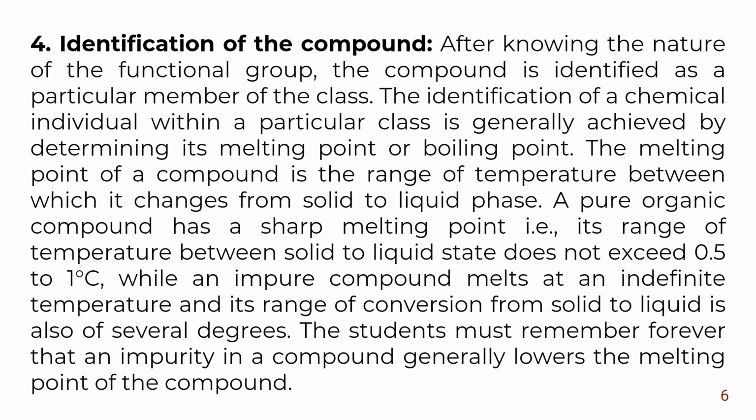A pure organic compound has a sharp melting point, i.e., its range of temperature between solid to liquid state does not exceed 0.5 to 1 degree Celsius, while an impure compound melts at an indefinite temperature and its range of conversion from solid to liquid is also of several degrees. The students must remember forever that an impurity in a compound generally lowers the melting point of the compound.